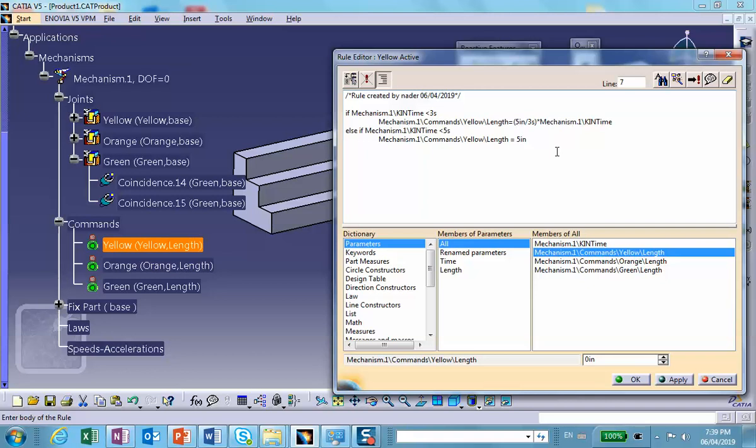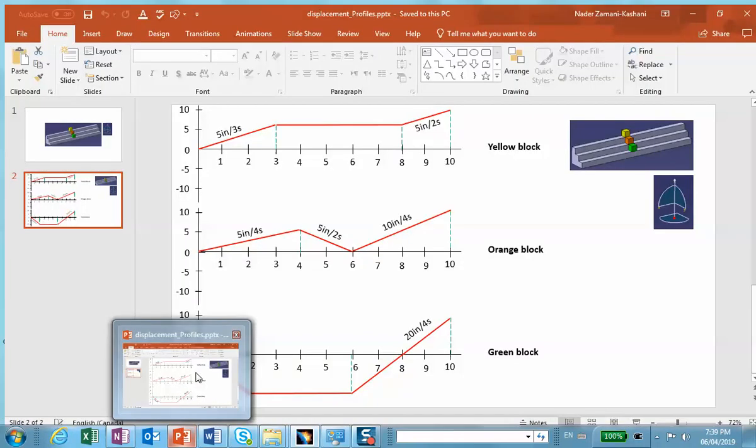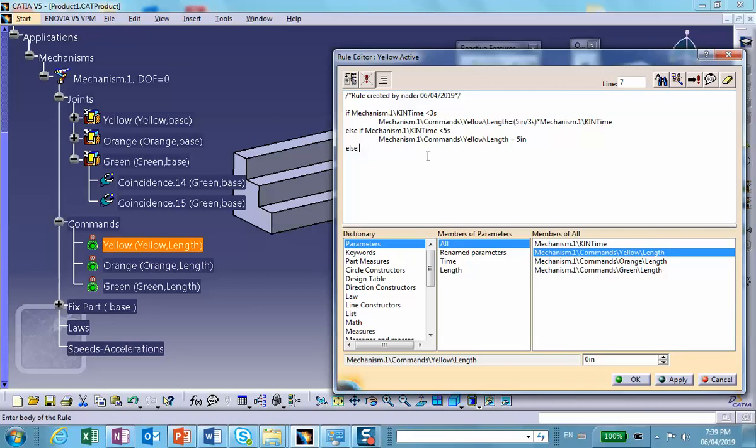And finally, else. Look at the graph. Else means anything after 8 seconds. So it's going to be else, that command is equal to 5 inches, that's where it was sitting, plus it goes at the speed of 5 inches in 2 seconds.